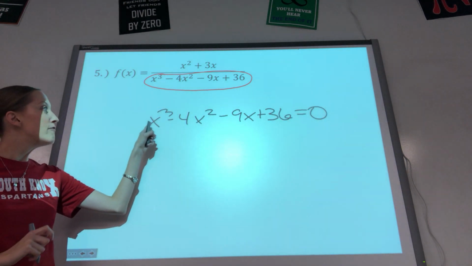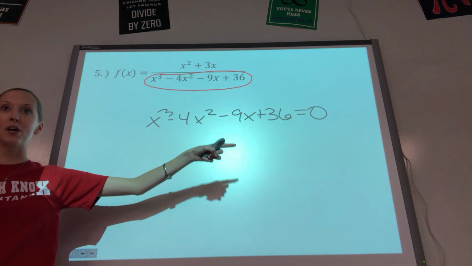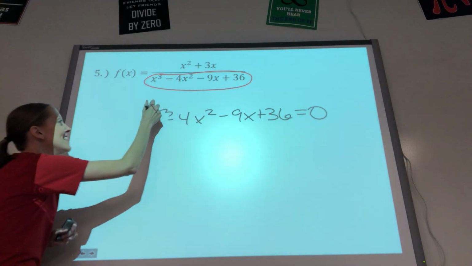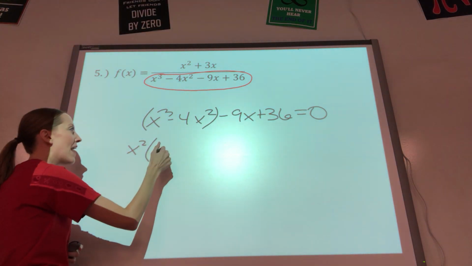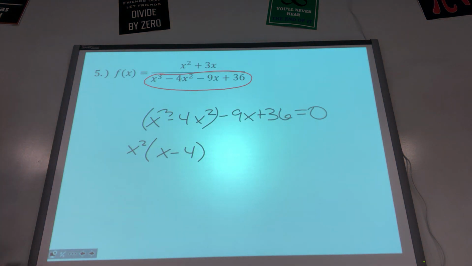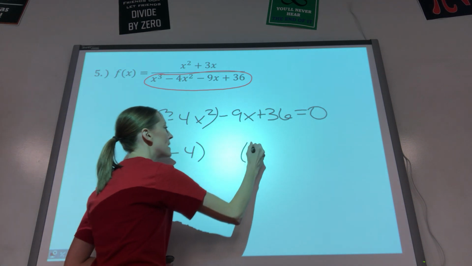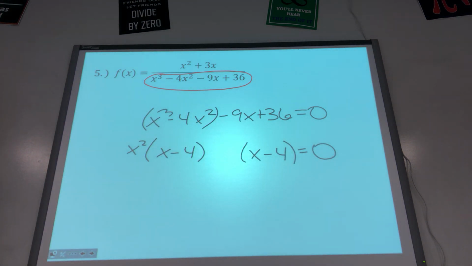There are 4 terms up here. Anybody remember how we solve something like this with 4 terms? Grouping. So we're doing this a lot in pre-calc right now. Pull out an x squared, you get x minus 4 left over. Leave a little bit of space and you have another x minus 4 on the other side.